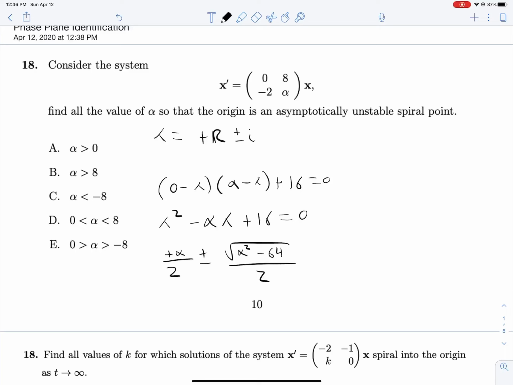And we'll see that as long as our alpha value is positive, we will get a positive real part here. And as long as alpha is less than 8, we will end up with an imaginary solution here, because anything between 0 and 8 squared minus 64 will give us a negative number under that root. So alpha must be between 0 and 8.